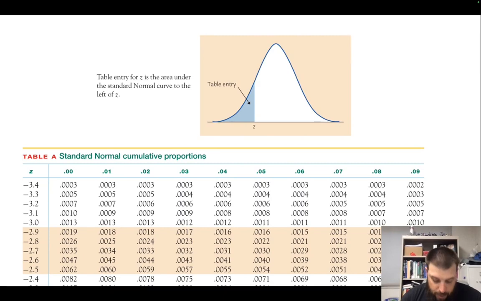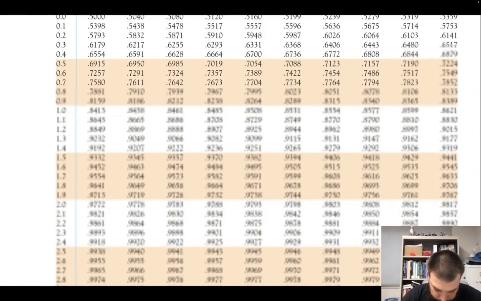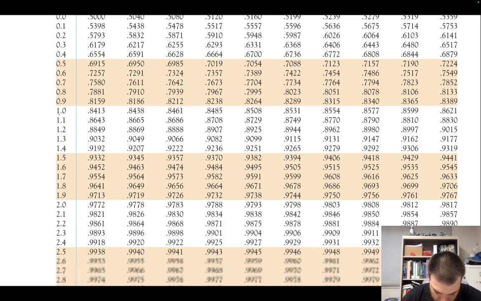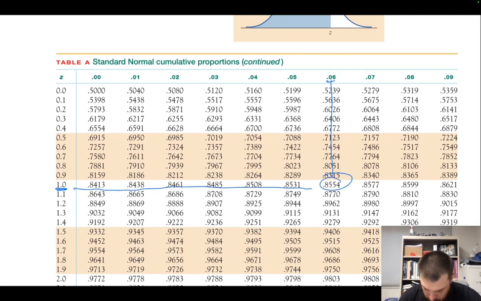Okay, so we go to our table, we find 1.0. There's 1.0, and we're going to go across to 6. And we get 0.8554.